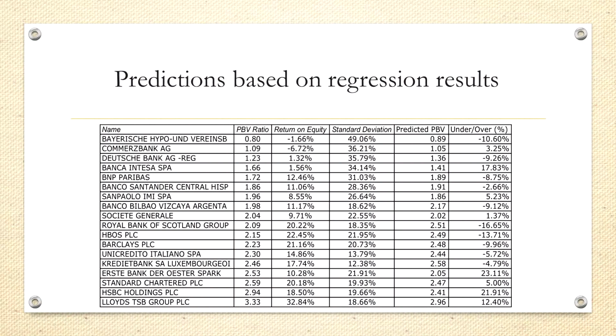And here on the fifth column, we calculate the projected or predicted PB ratio based on regression results. We plug in the variables of return on equity and the standard deviation. For the first bank, we see the reasonable PB ratio would be 0.89, but the current PB ratio is 0.8.